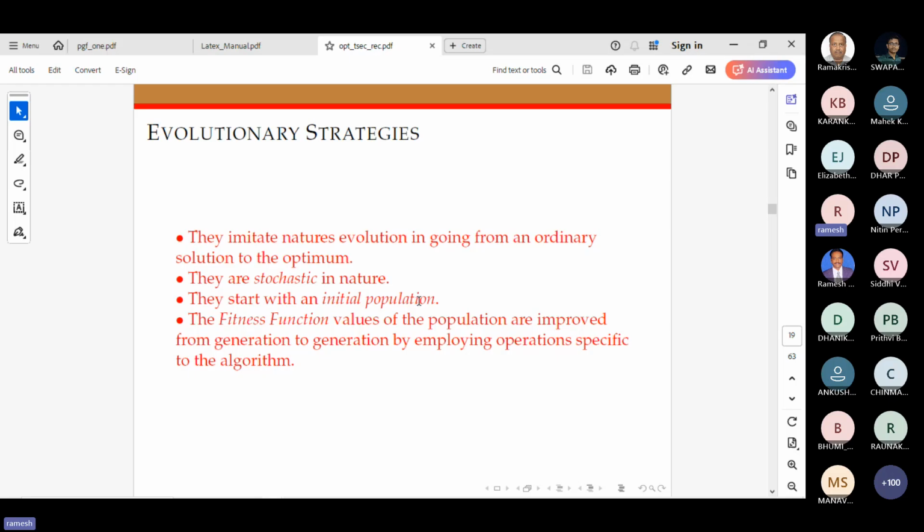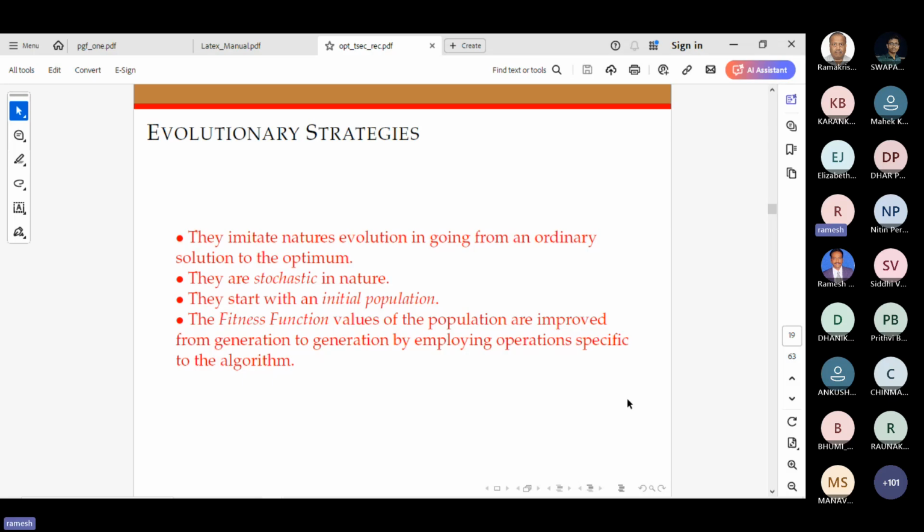In other methods the names may differ, but it comes down to the same thing: you start with an initial population and try to find a better solution in the next generation. You produce a number of generations and hope that the final generation will have the best optimal solution. The fitness function value is nothing but the objective function if it's a maximization problem. In a minimization problem, we'll slightly modify this.